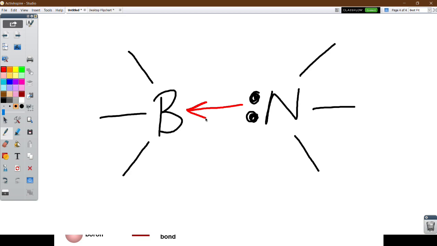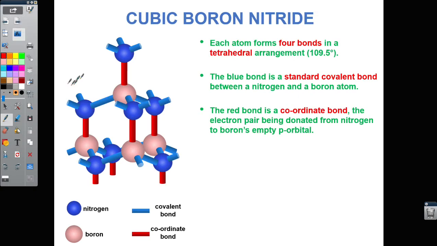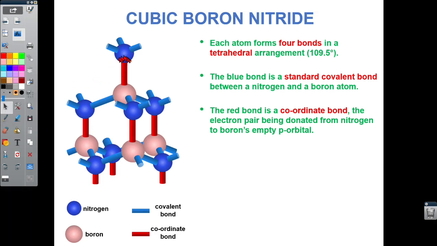The 4th bond has to be a coordinate bond with both electrons coming from nitrogen. So that's why I've shown these bonds in red, even though once they're formed, they're as strong as any other covalent bond. These are formed by the lone pair of electrons on the nitrogen coordinating to the empty p orbital on the boron.